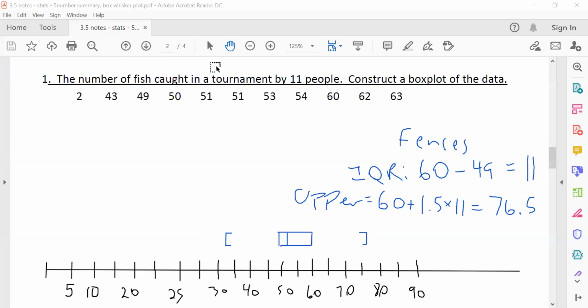So you can put a star above 2 over here. Little star. Or you can use an asterisk, which is usually the protocol. And again, this outlier makes us use a much larger number line than we normally would want to. But that's okay.